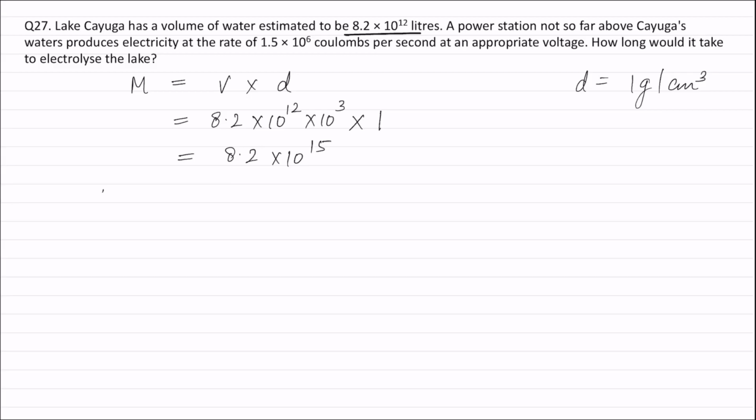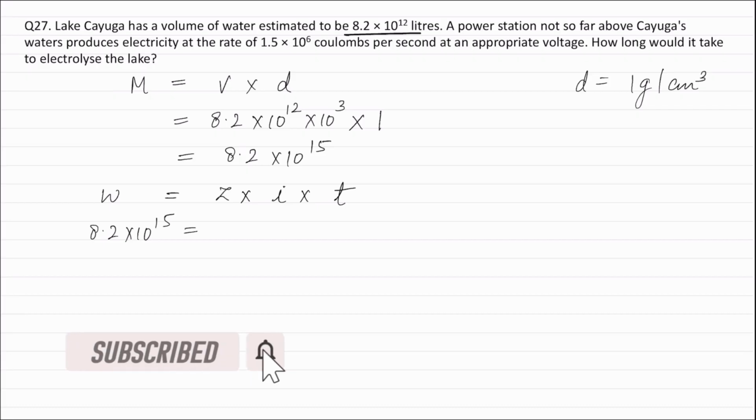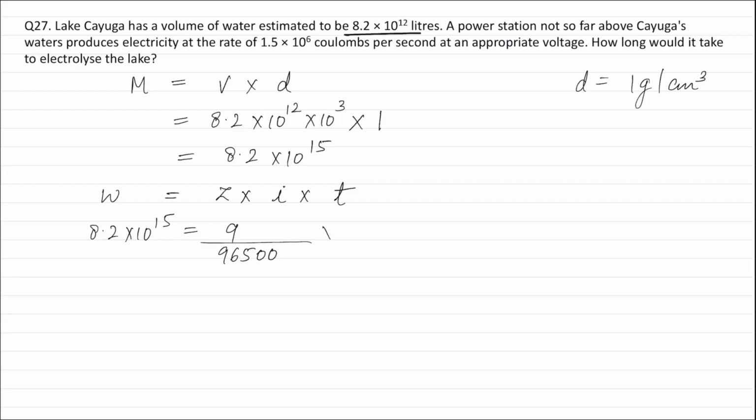Now applying the formula, W is equal to Z into I into T. Weight of water is 8.2 × 10^15, and this is equal to the value of Z for water, which will be equivalent weight of water, that is 9 divided by 96500 coulombs, into I, the value of current, which is given as 1.5 × 10^6, into time. Let T be the time.